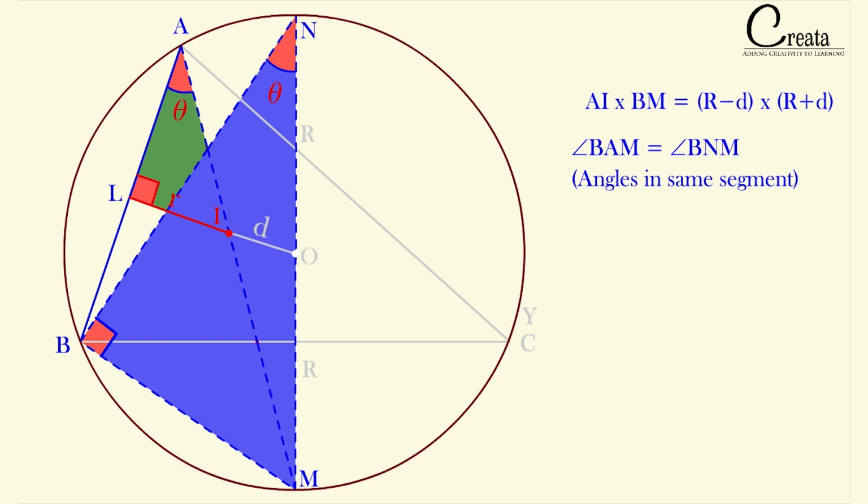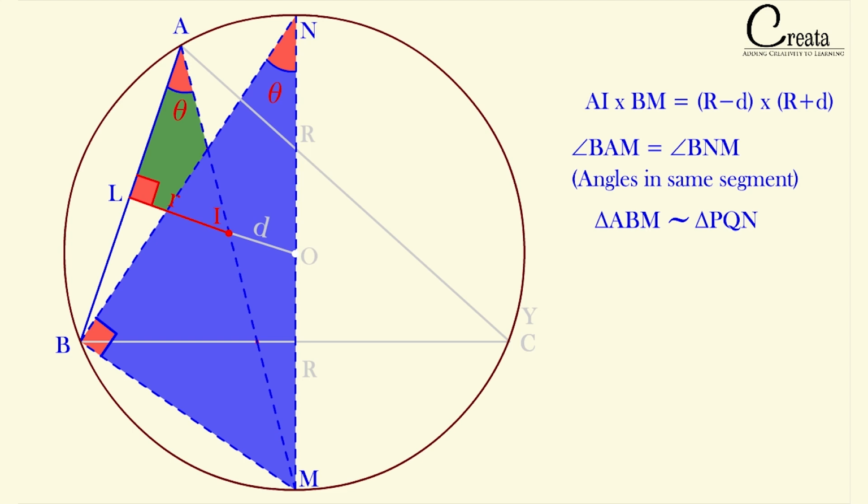And the inradius makes the angle of 90 degrees with the sides of the triangle. The sides of the triangle act as a tangent to the incircle. Got it? So both of these angles will be equal to each other and both of these angles are 90 degrees. So we got two angles of these triangles equal to each other. So we can say both of these triangles are similar to each other.